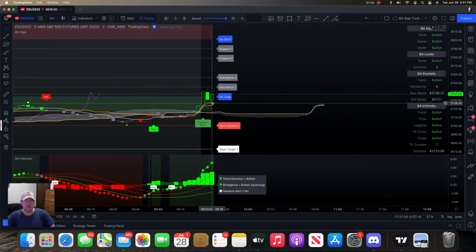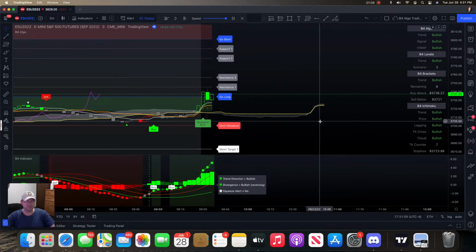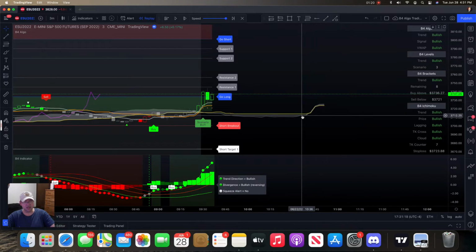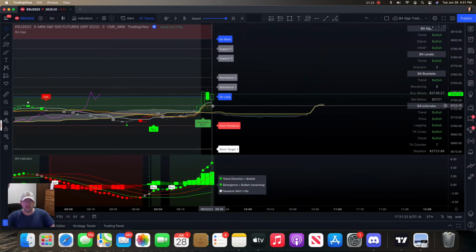We have the Hane lines, which are these four lines here: the Senkou Span B, the gold line there in the cloud; the Senkou Span A, which is that white line in the cloud there; the Kijun-sen, which is the gold line here; and the Tenkan-sen, which is that white line. Those are the four lines.